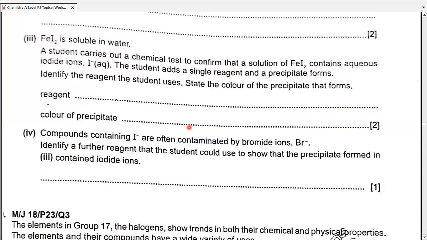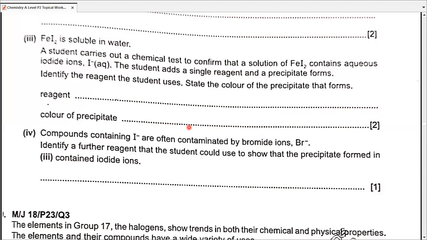So number 4. Concentrated ammonia. But I would always suggest using the word aqueous or solution, or ammonium hydroxide, which tells the examiner that you're not talking about gas, you're talking about its solution.